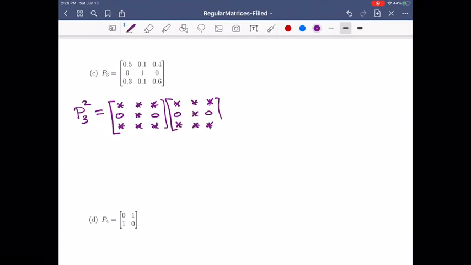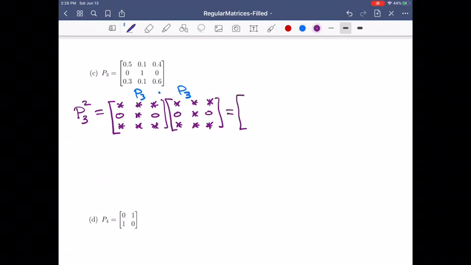Okay, so this is P3 times P3. Okay, now again, I'll write it out, but I'm not going to do star, star. Okay, so if 2 stars hit, I'm going to write a star.